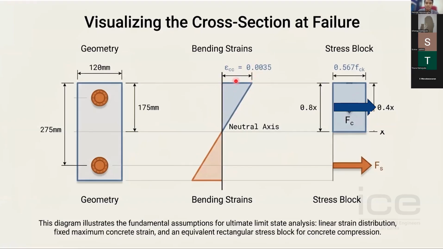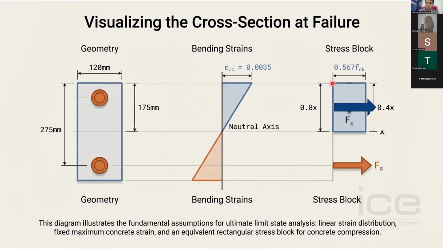So if you know the depth to the neutral axis, you can estimate this angle, since this is 0.0035 and tan theta can be found. When you find that, you can find the corresponding strain due to bending in the steel from this triangle, and that strain should be added to the strain generated from the initial pre-stress. Then finally, the strain multiplied by the stress will give you the force in the steel.